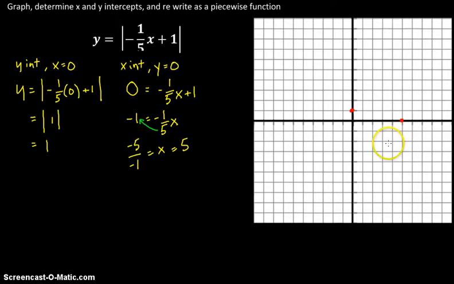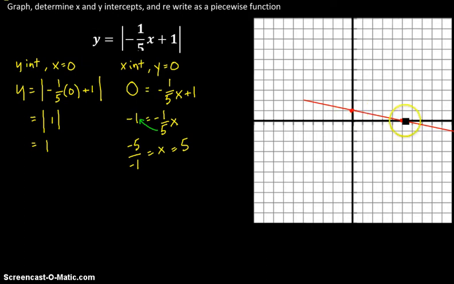Now, because I have 2 points of what is essentially an mx plus b, a linear function, it's a line, I can already draw this line. I don't really need to do much else. I know 1, 2, 3, 4, 5, and 1 up. I know I'm going to have something that's basically this. And I can immediately see that there's going to be a portion of it that's going to get flipped.